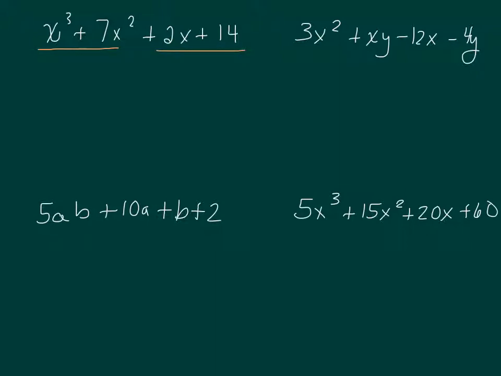In the first two terms, I see that an x squared is what's in common. So I'm going to have an x, because x times x squared is x cubed, plus 7 left over. In the second two terms, I see a 2 is what's in common.